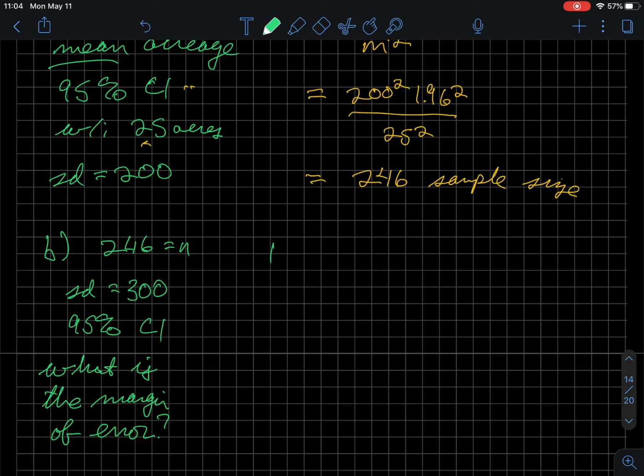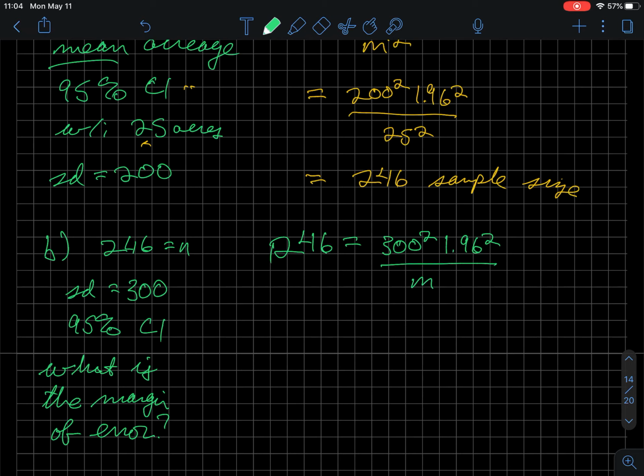If I can get my pen color to not change, apparently, but whatever. So in this, we know that 246, if we just evaluated it, and we're trying to find something else, equals 300 squared. We still have the sample size. We have the confidence level, which is 1.96 squared.